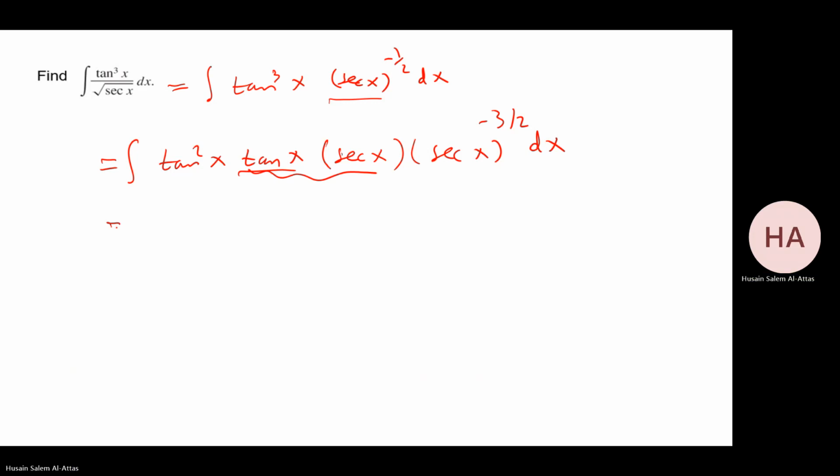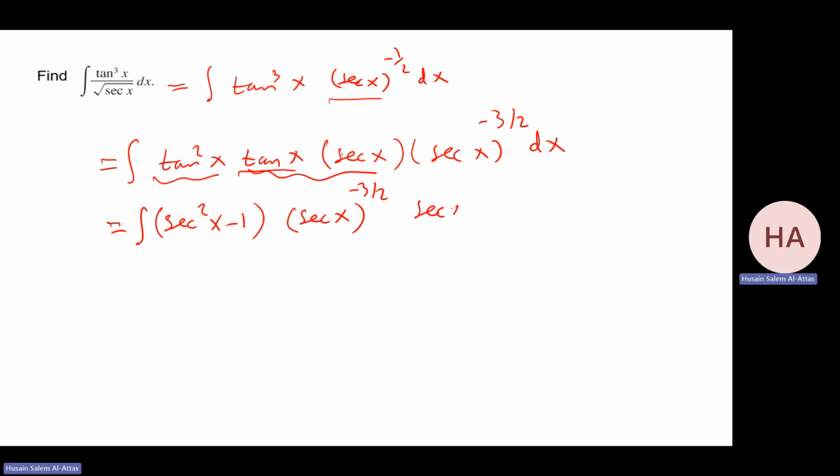So I rewrite this. I can change tan square. It will be what? Secant square minus 1. This is secant x to the power minus 3/2, and that term is ready for du. This will be my du.